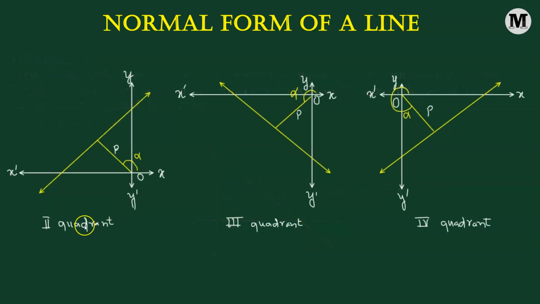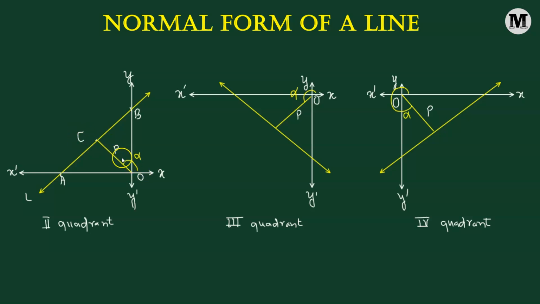So in the second case, we have the line L intersecting the x-axis in the negative direction, let's say at the point A, and it intersects the y-axis in the positive direction, such that AB is the line segment that lies in the second quadrant of the coordinate system. And here we have the length, let's call it OC.